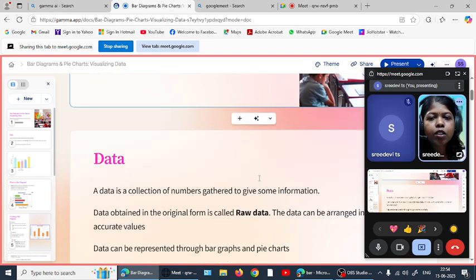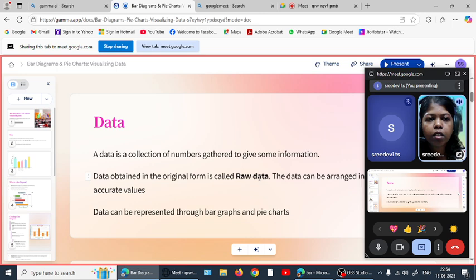Here I used the term data. What is actually data? Data is information. In the case of bar graphs and pie charts, we use data as numbers, a collection of numbers gathered to give some accurate information.